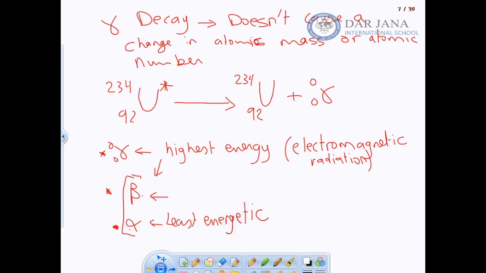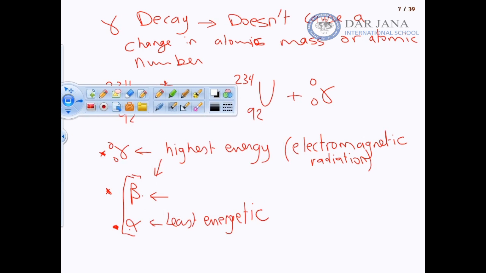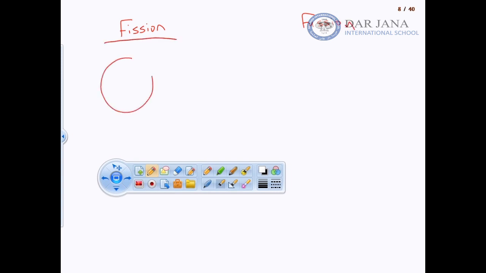The last thing in the lesson is the fission and the fusion. We are not going to go through details. We will just define what is fission and what is fusion. Fission: we have a large parent nucleus.